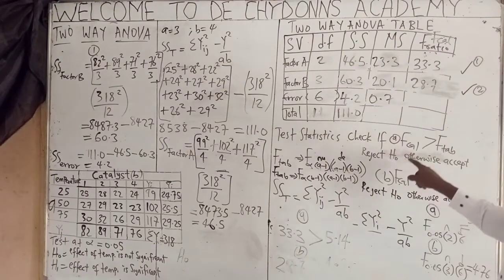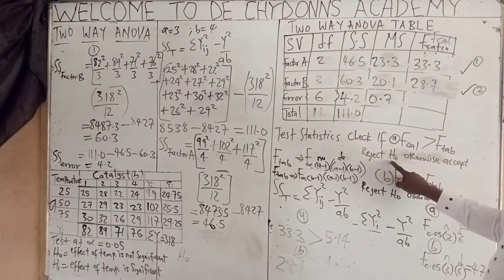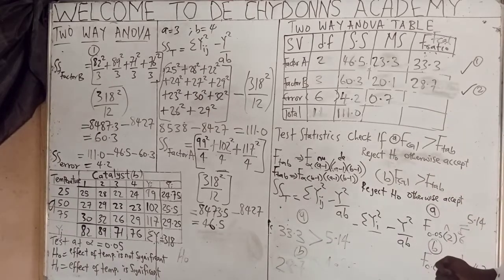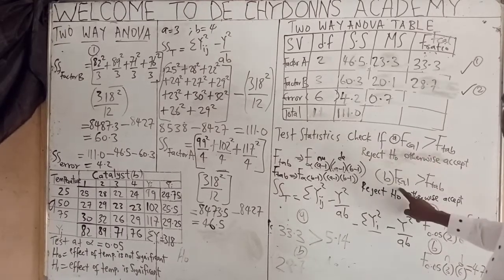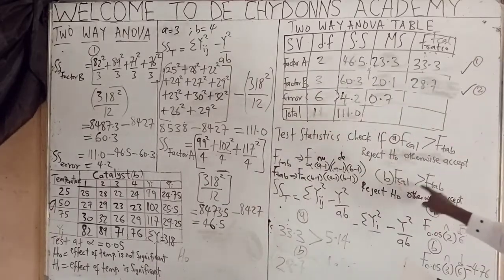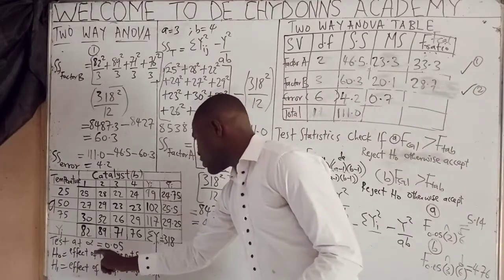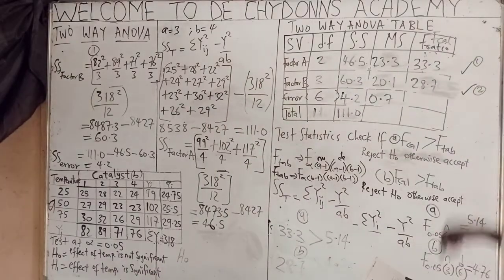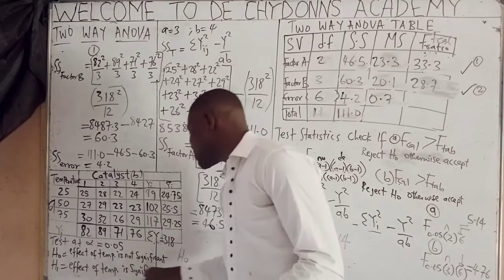Because the information says if F calculated is greater than F table, reject null hypothesis and accept alternative hypothesis. So for catalyst, because this is greater than this, we reject the information that effect of catalyst is not significant, then accept the information that says effect of catalyst is significant.